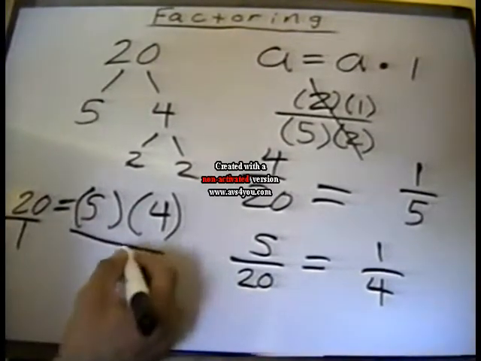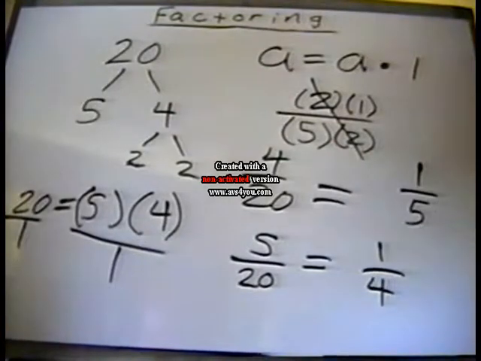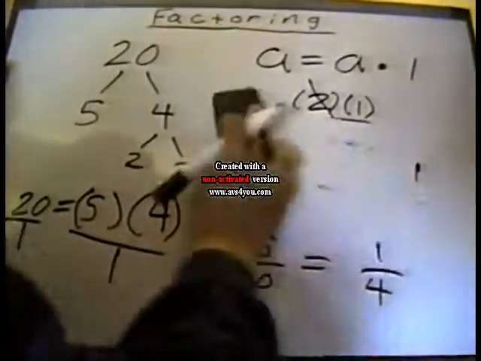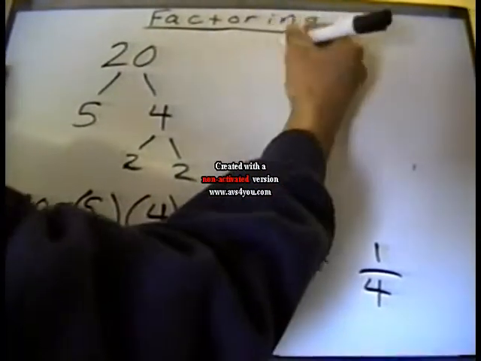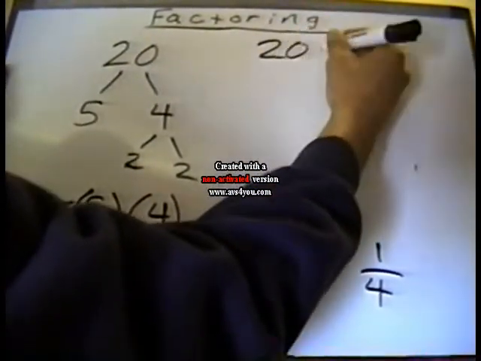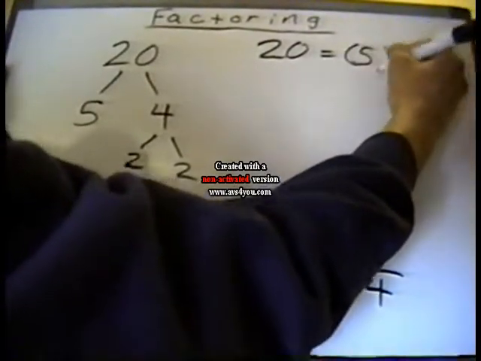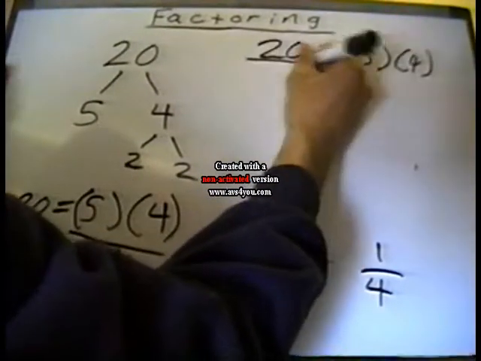The same thing. Or you could say 20 over 1 is equal to 5 times 4 over 1, because any number can be written as itself over 1. You write that over here.